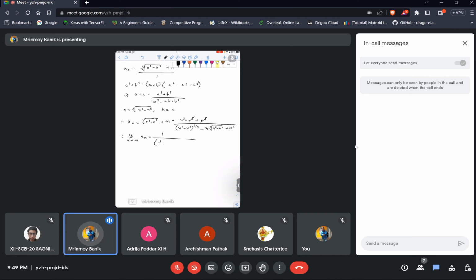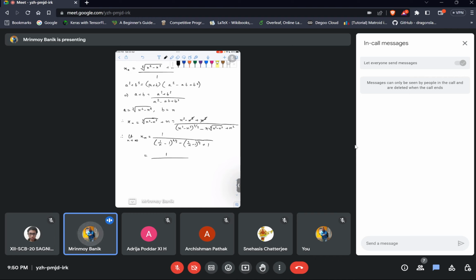So it's 1 by n minus 1, to the power 2 by 3, minus, inside the cube root it should be, so 1 by n minus 1 to the power 1 by 3, plus 1.